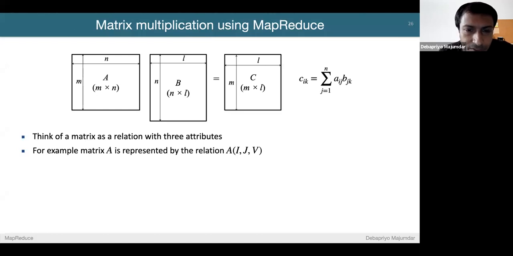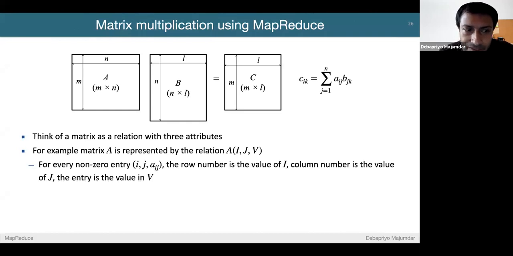So the matrix A will be represented by the relation (I, J, A_ij), where if the entry is A_ij, then just storing the value is not enough, right? We need to store what is the i, what is the j. So i is the row index, j is the column index, and A_ij is the value. And these three, the triplet, uniquely determines one particular element of the matrix.